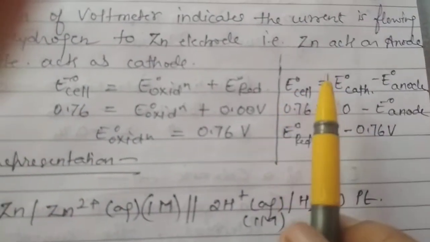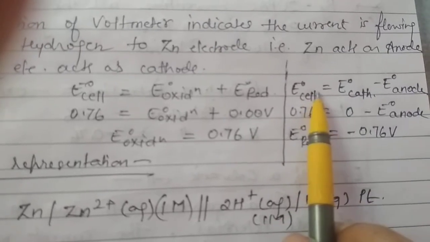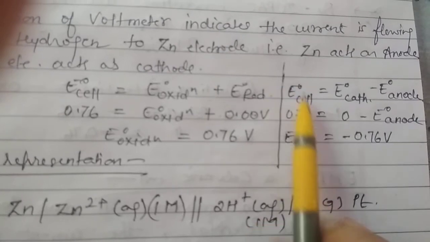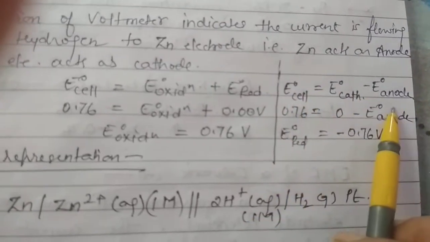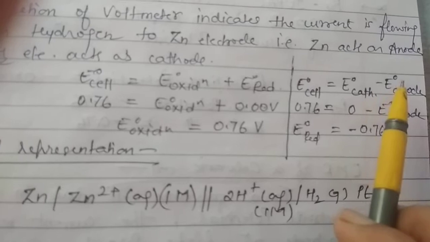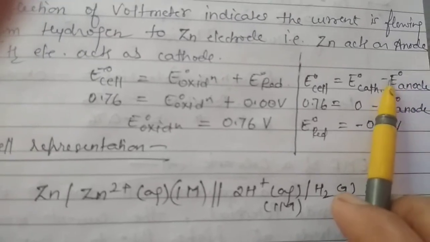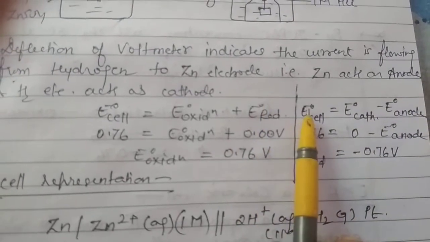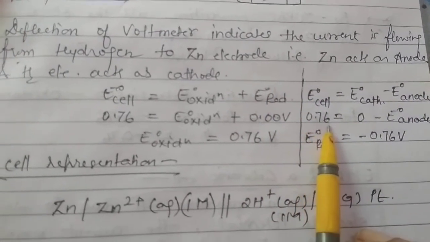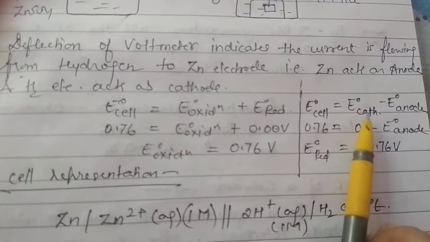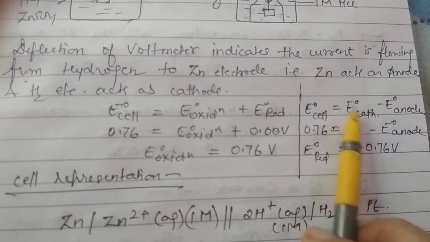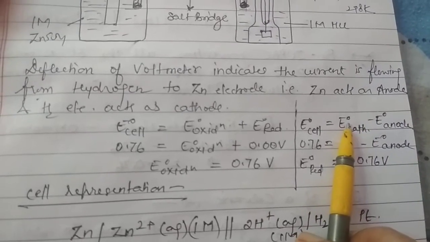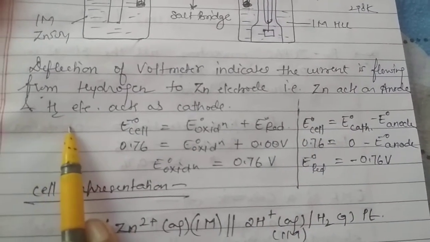So from class 11th we have studied the voltaic cell, we know each and everything. We also know that we apply the formula E naught cell is equal to E cathode minus E anode, and in this case we use the reduction potentials only. Now we know the EMF of the cell has the same value, 0.76. Now E naught of cathode means electrode potential at the cathode, and we know that hydrogen is working like a cathode here.